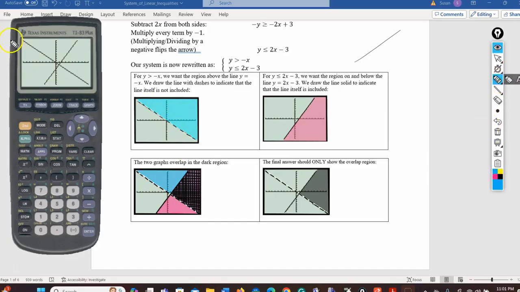For this one, we simply wanted the region above the line, and then for this one here, we wanted on and below. On and below.